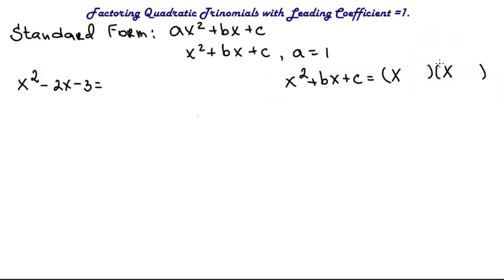Now, the only thing we need to figure out is two numbers, and I don't know them yet, so I'll call them m and n. What I do know about them is that the product of those two numbers equals c, and the sum of them equals b.